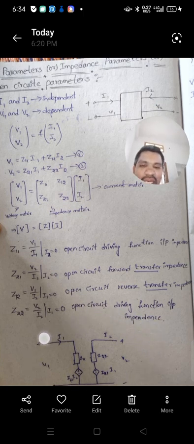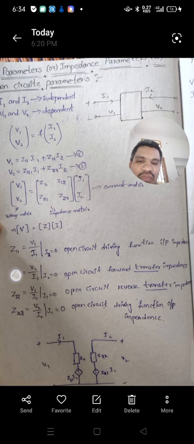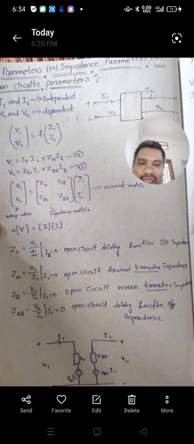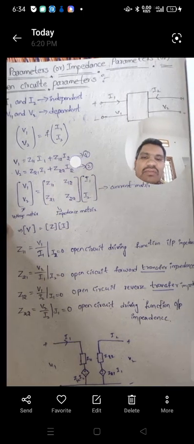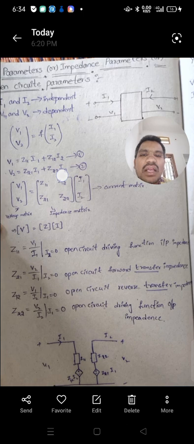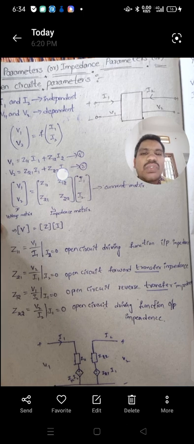Now here you see, from the first KVL equation, V1 is equal to Z11 into I1 plus Z12 into I2.